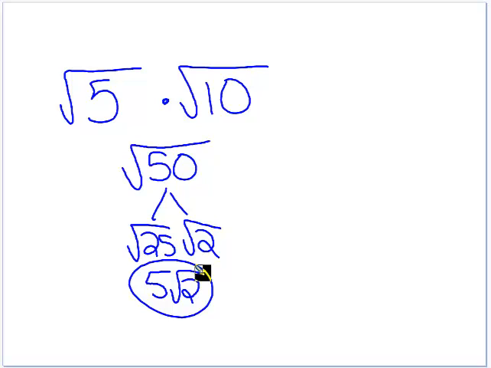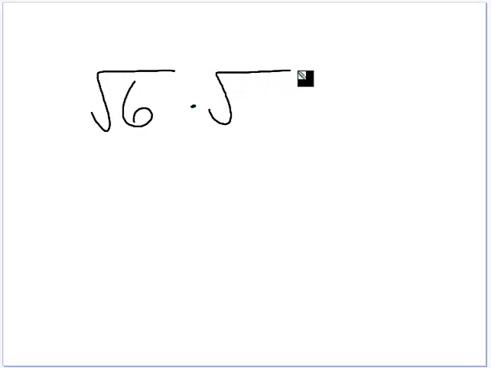Let's do another example. Let's do the square root of 6 times the square root of 8. We've got to combine them.